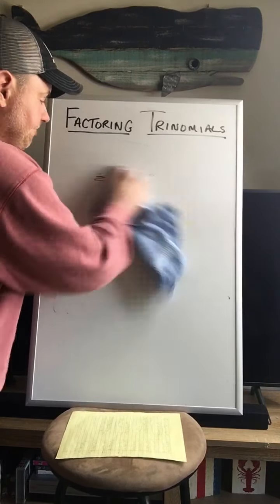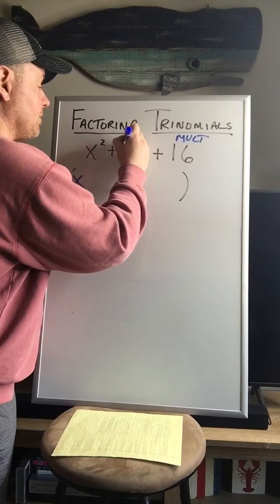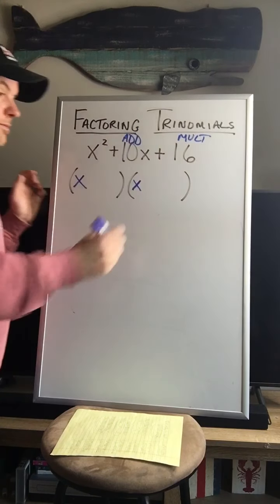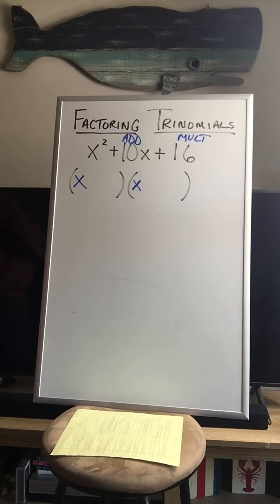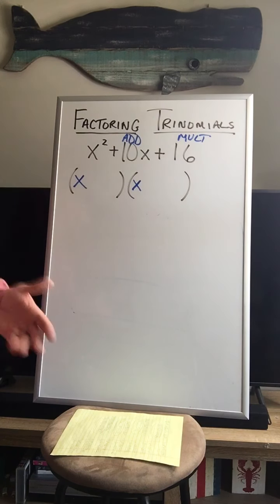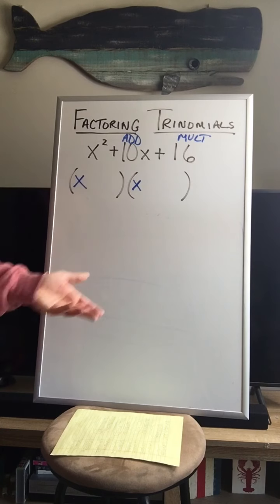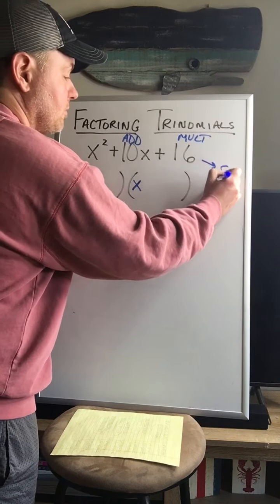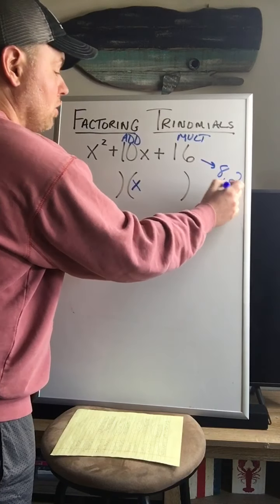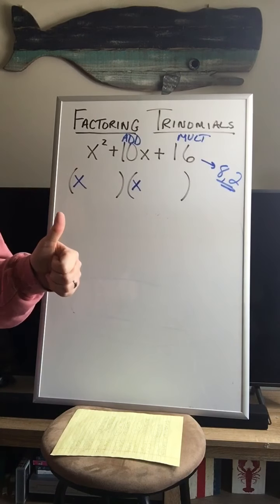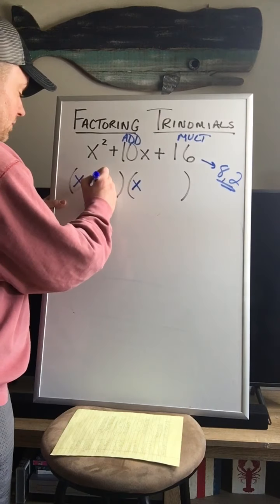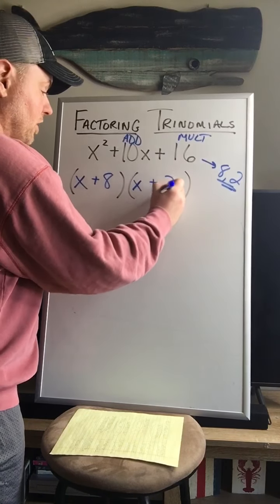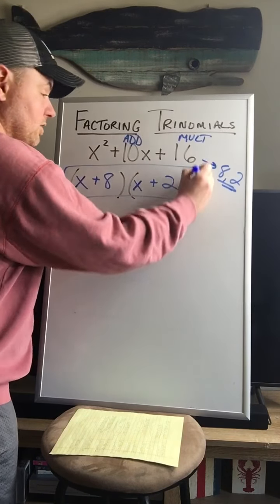And then I'm going to be looking for two numbers that multiply to 16 and add up to 10. Well, what multiplies to 16? Probably off the top of your head, you'll think 8 and 2. Do those add up to 10? Yes, they do. So that is our answer.